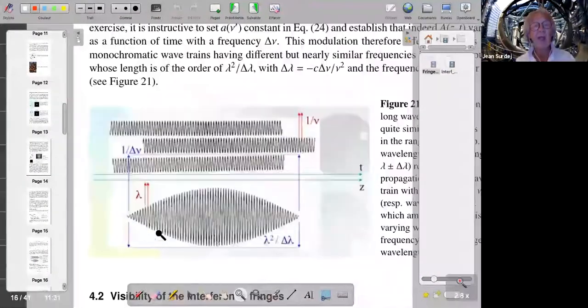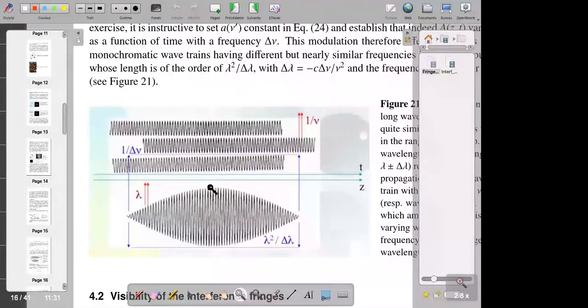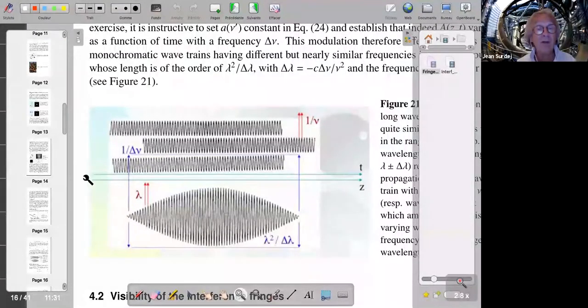You see that if I take the amplitude at this location, or the amplitude at this location, it will be about the same. But if I take the amplitude here, and another amplitude somewhere there, I don't know what it will be. There will be no coherence between the two.